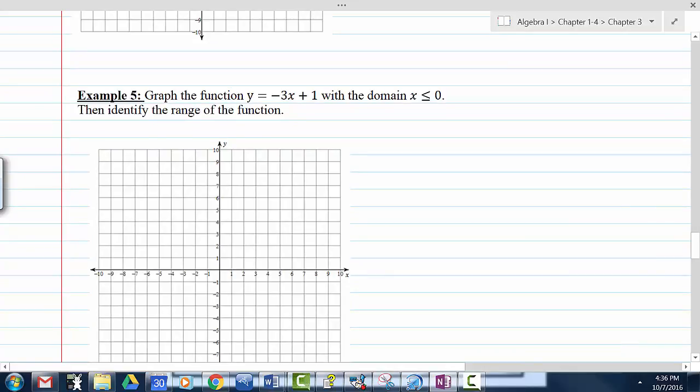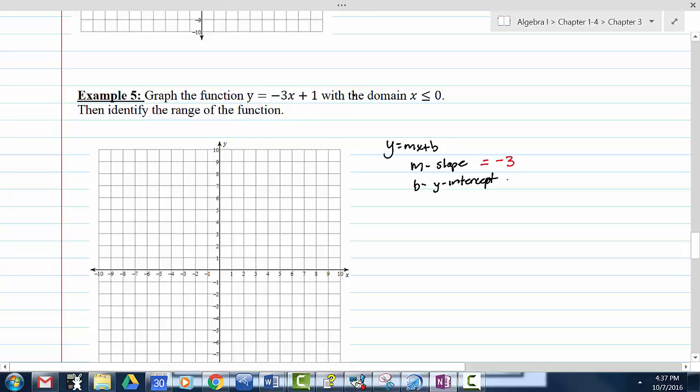Here, graph that function. We have this function right here, with the domain x is less than or equal to 0. So if I do that, first off, let me do my y equals mx plus b thing. Y equals mx plus b, remember m is your slope, b is your y-intercept, right? In this case, your slope is -3.